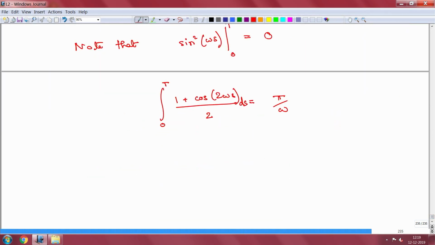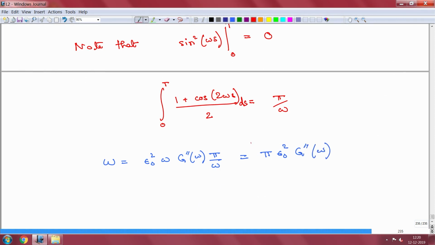So, if you use these and reevaluate the work done term, that comes out to be simply epsilon naught square omega g double dash into pi by omega, or basically these omegas will cancel and you have pi epsilon naught square g double dash. Okay.